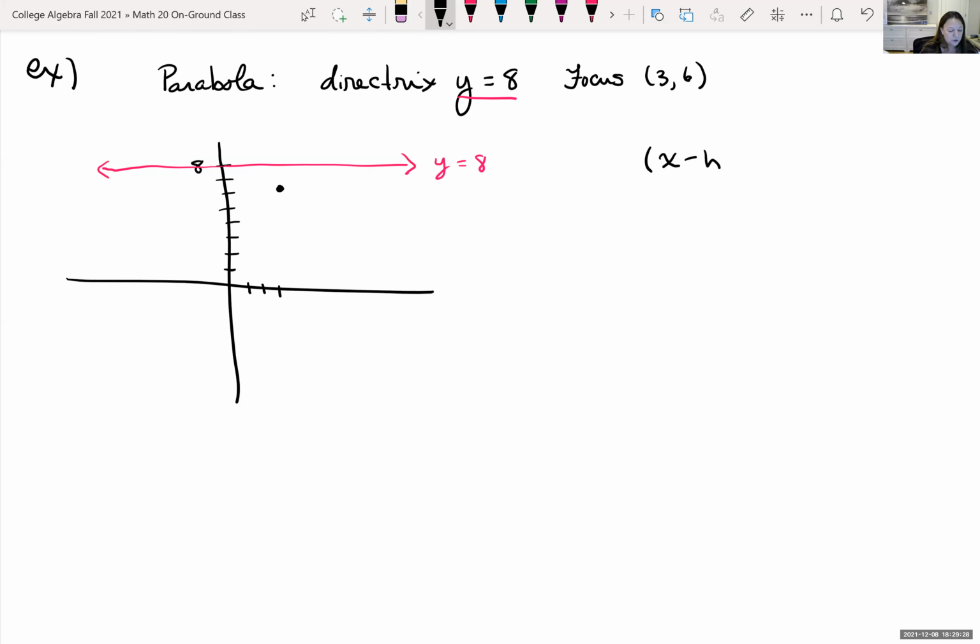(x minus h) quantity squared is equal to negative 4a, because it's going downwards, times (y minus k). We can figure out what our vertex is, which is at (h, k).